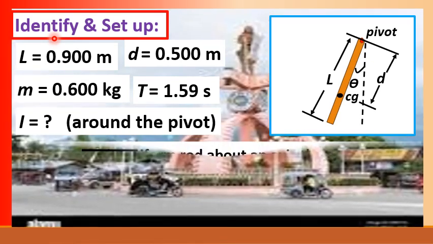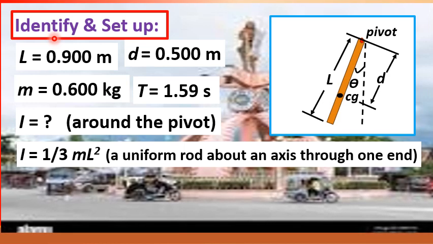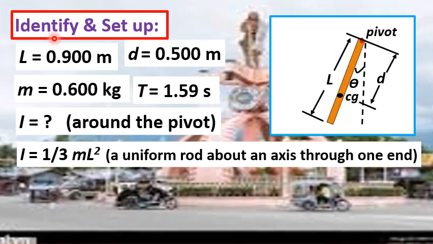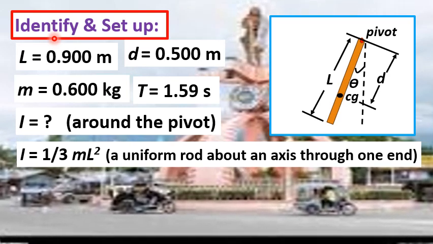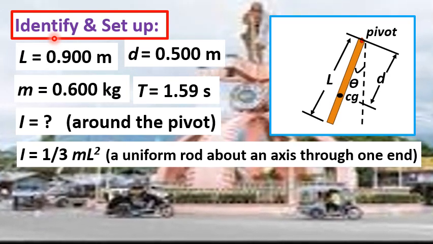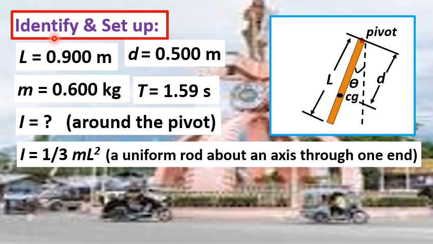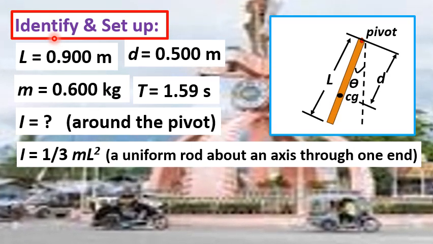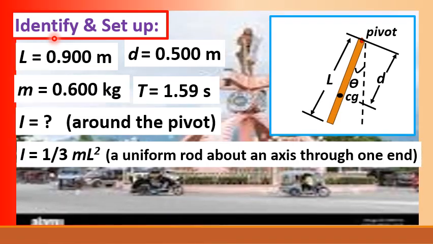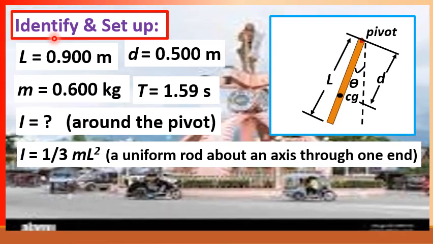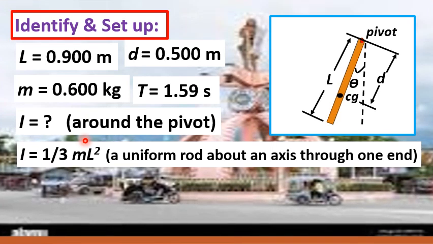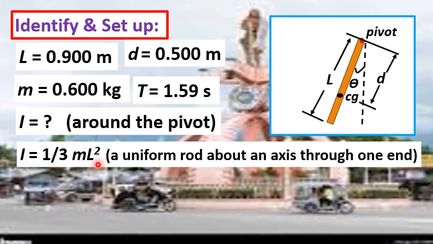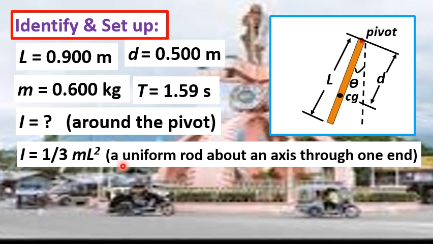The formula for the moment of inertia of a uniform rod, meaning if its center of gravity is at its geometric center, about an axis through one end, is supposed to be equal to 1/3 times the mass and the square of the length of the rod.